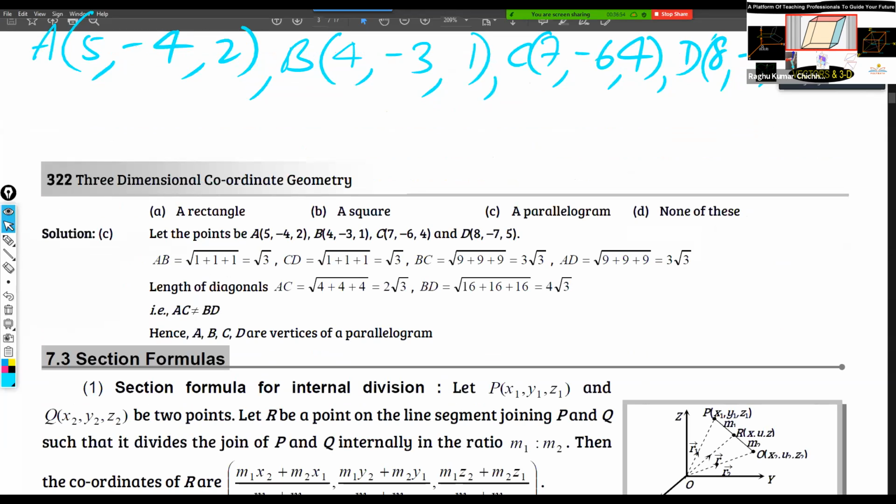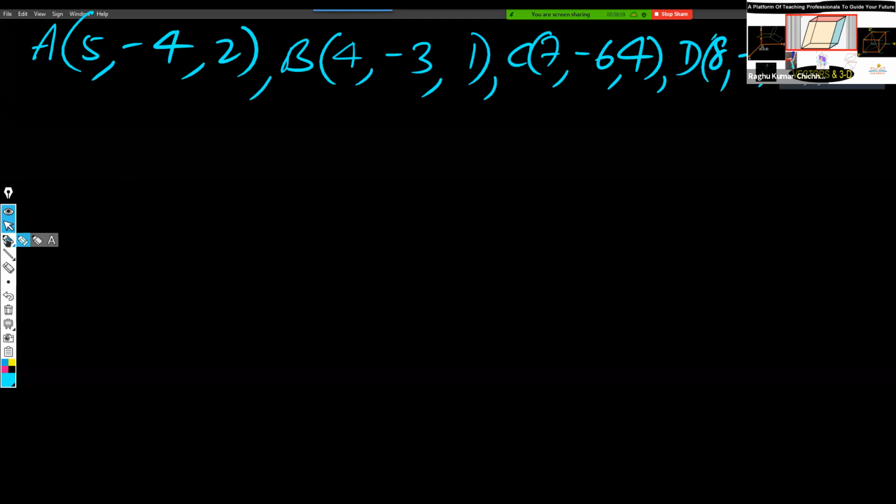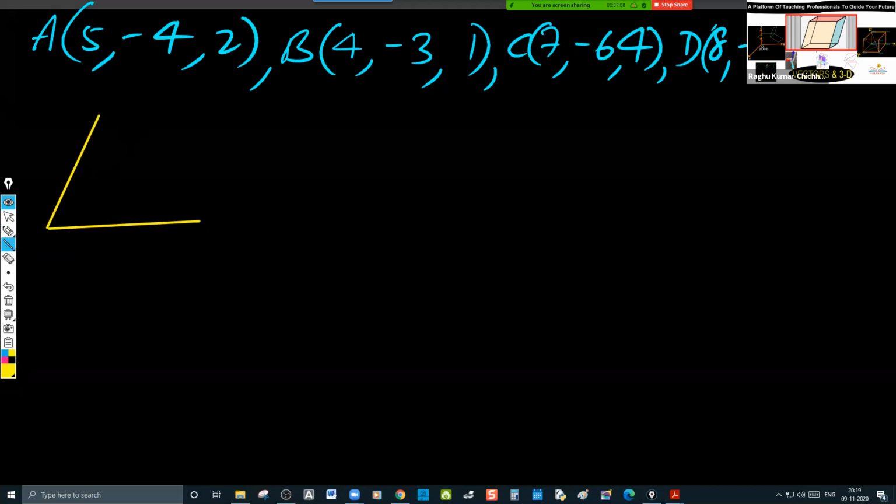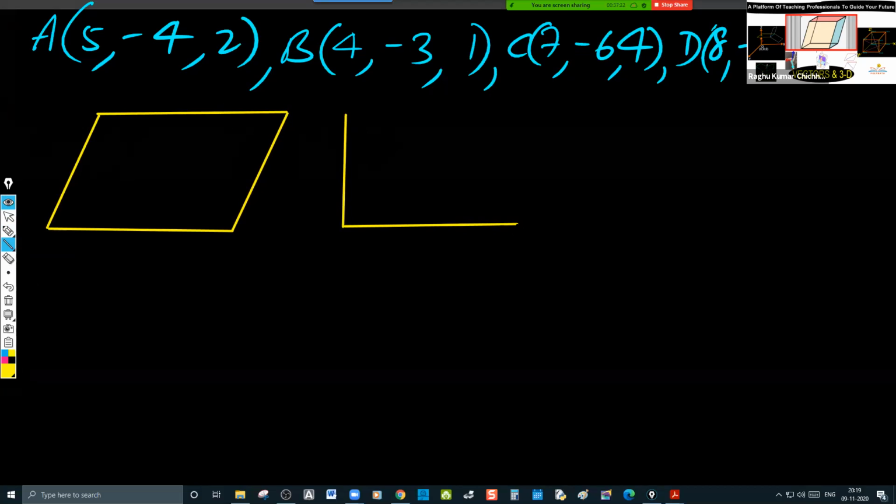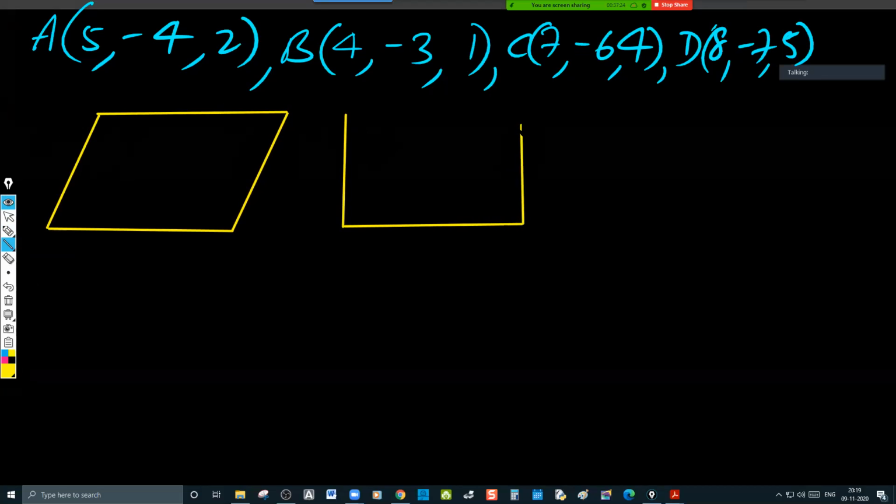I'm just reminding you, you must be knowing this. For a parallelogram, the opposite sides are parallel to each other. For a rectangle, opposite sides are parallel and the adjacent sides are mutually perpendicular.